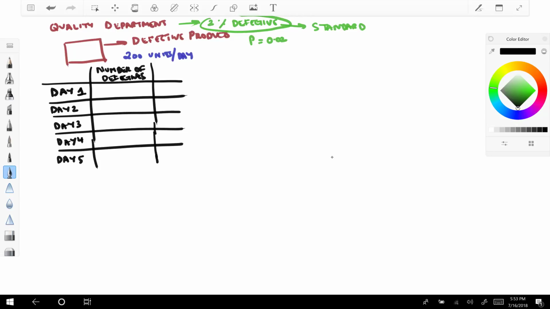This will be given if you are solving problems. Out of 200 units, on the first day they observe 9 defects. On the second day, 7 defects. On the third, 8 defects. On the fourth, 15 defects. And on the fifth day, 11 defects.